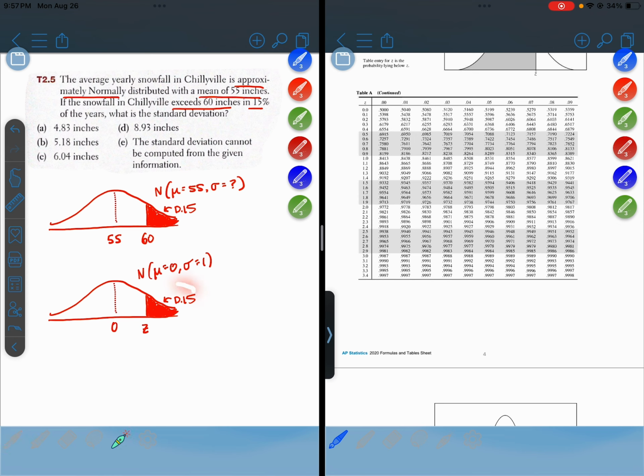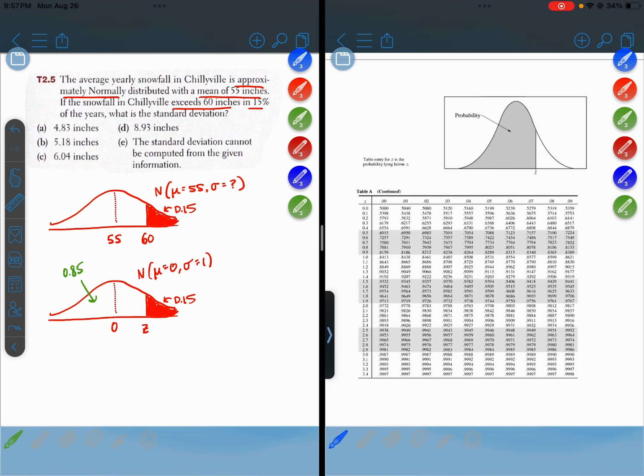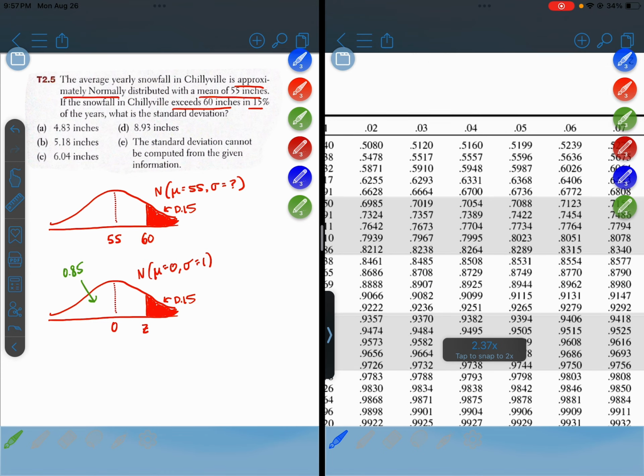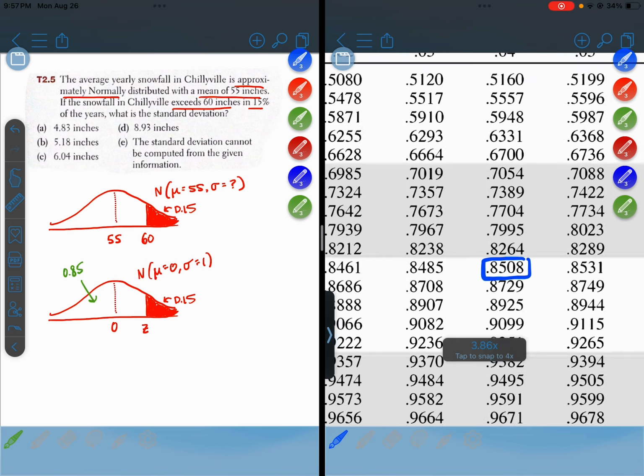Now, if 15% of the area is in the right tail, then that would mean 85% of the area is in the left tail. And now we can go to our table and look for the percentile closest to 85%. In fact, I think that's it right there, 8508.